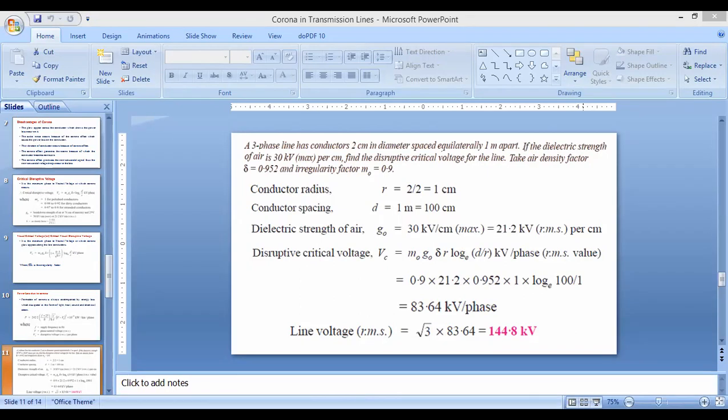All of you go through the problem. In the problem, clearly it is mentioned that the system is a three-phase system, with conductor 2 centimeter in diameter.